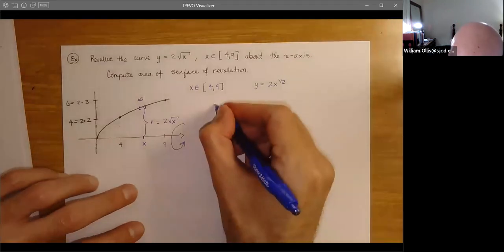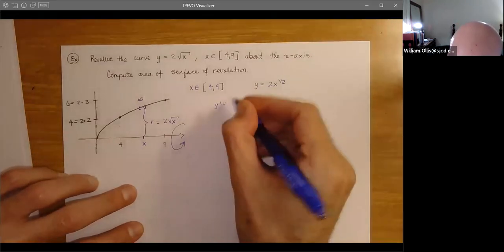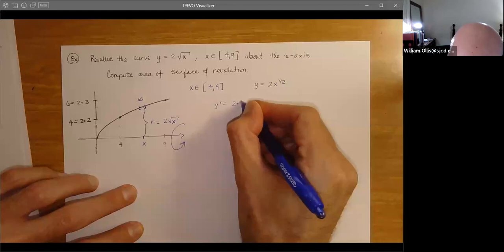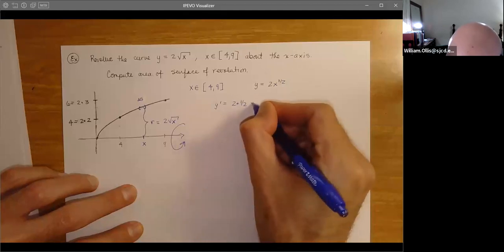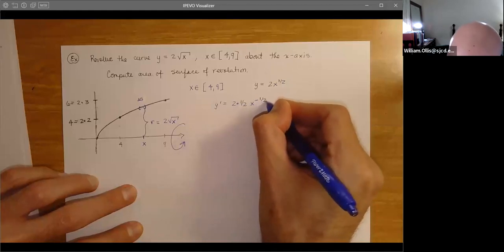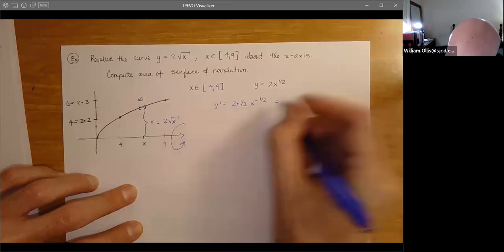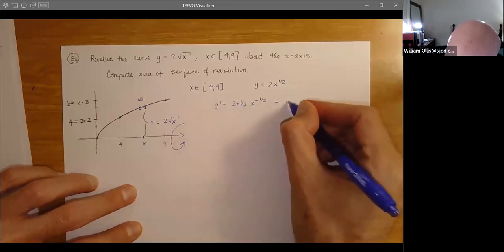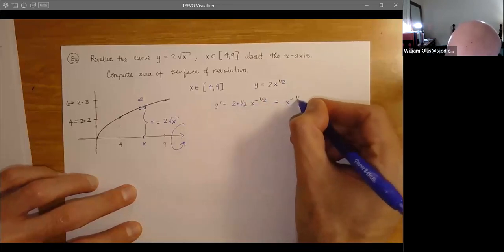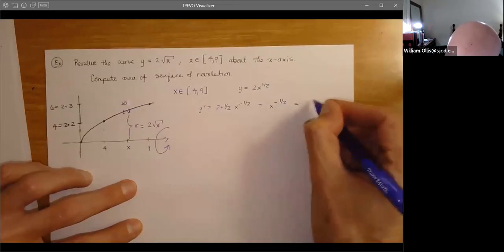And so now y prime will be 2 times 1/2 x to the negative 1/2. So this just gives us the 2's absorbed. So this is x to the negative 1/2, or just 1 over the square root of x.